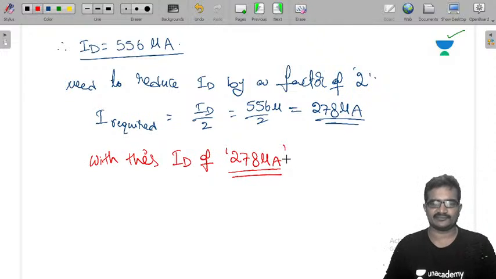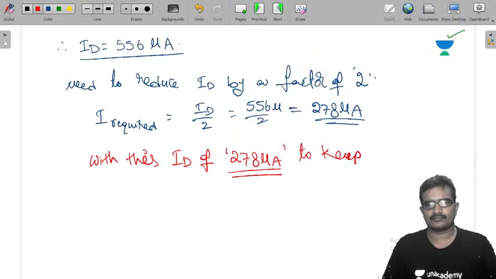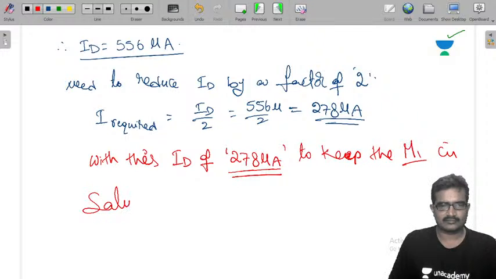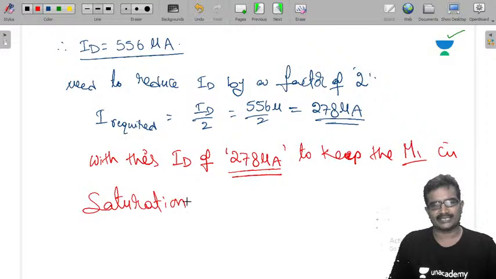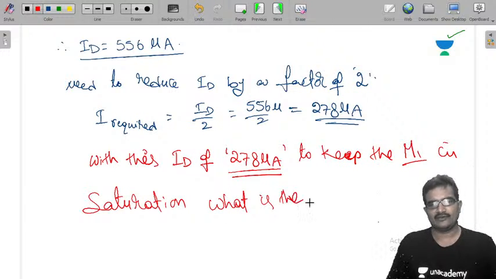With this ID of this much, to keep the device M1 in saturation, what is the value of RD?